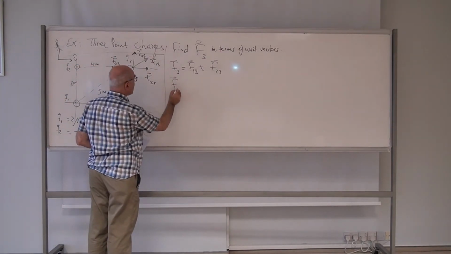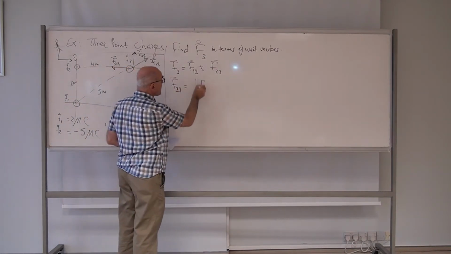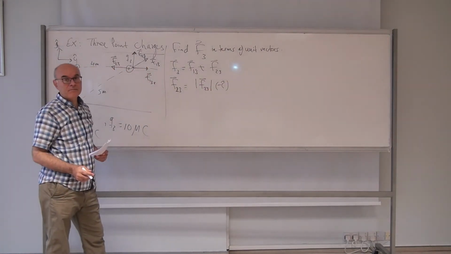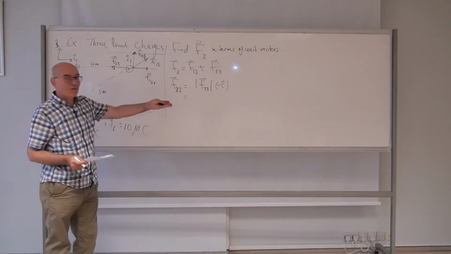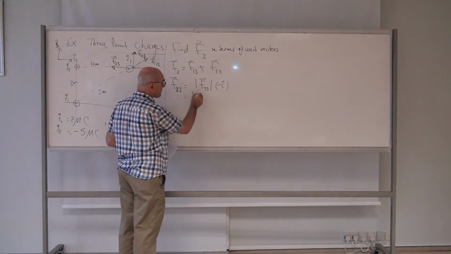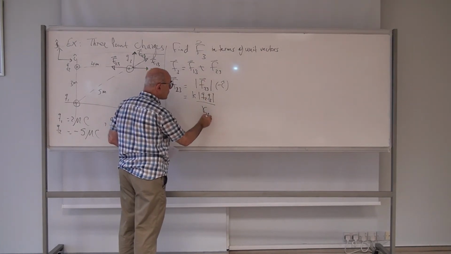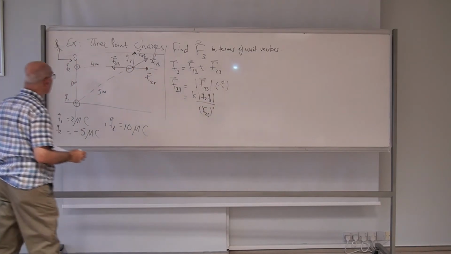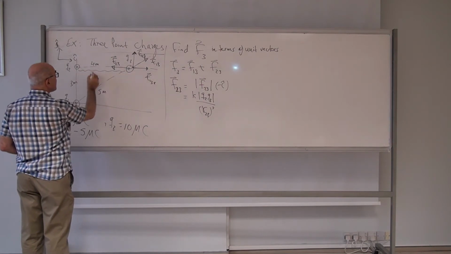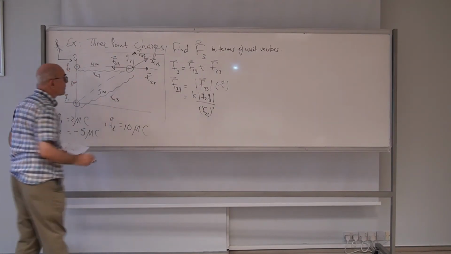So F23 is equal to the magnitude of F23 along minus i hat. And what is the magnitude of F23 in this case? Well, apply Coulomb's law. It is just K multiplied by Q2 Q3 divided by R23 squared. Now by R23, the notation is evident. In this case, R23 is this, and this distance here is R13, evidently.